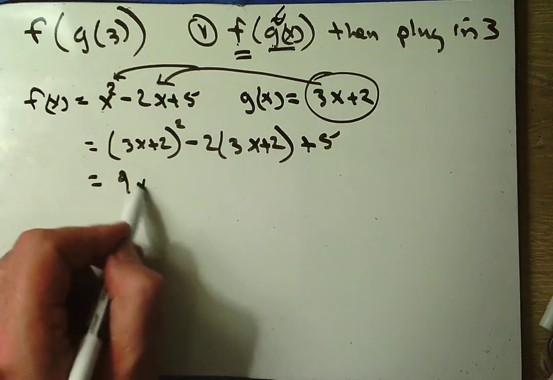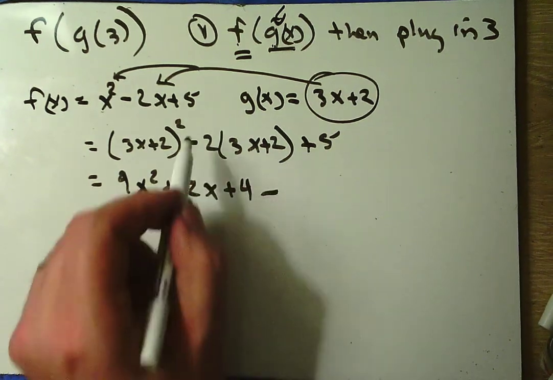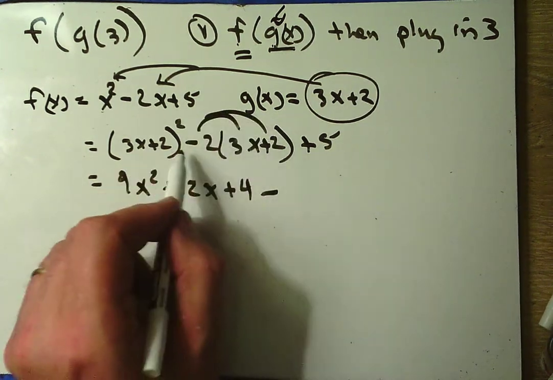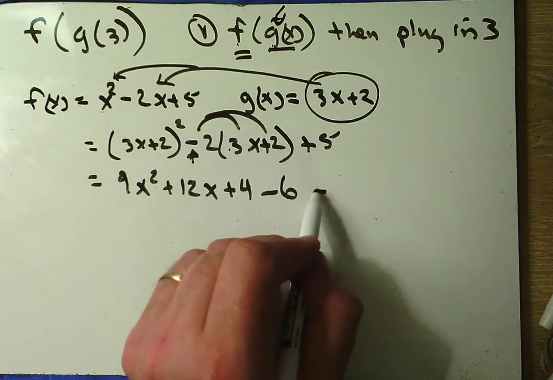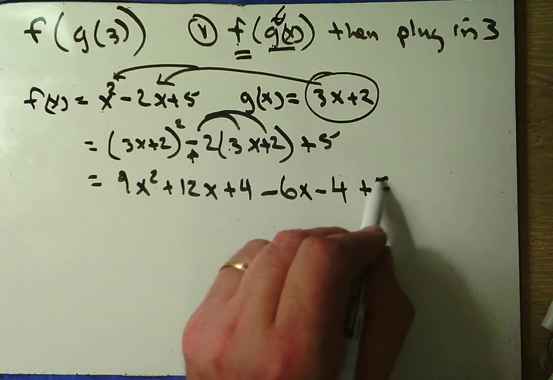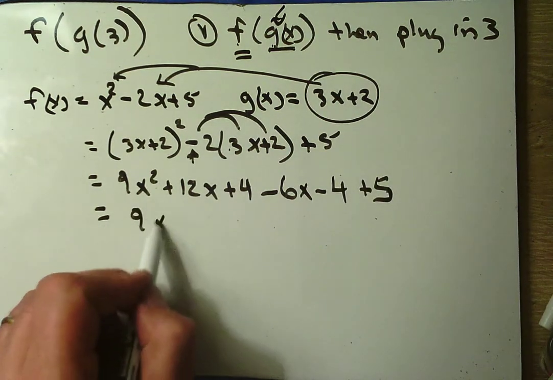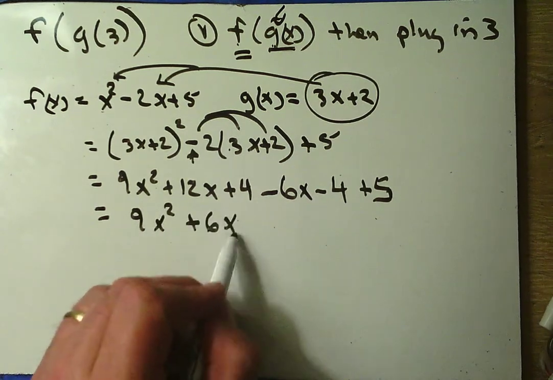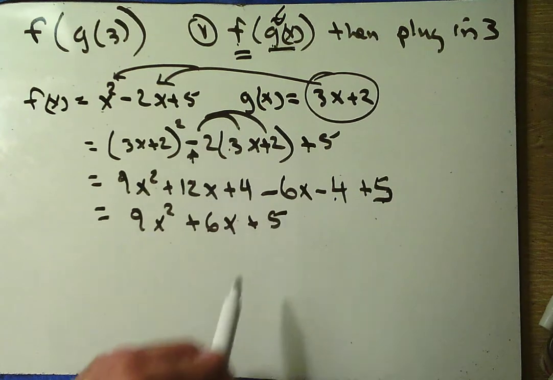Well, that gives me 9x squared plus 12x plus 4. Don't forget to distribute that negative. So we get minus 6x minus 4, and then there's that plus 5. Now when I combine like terms, I'm going to have 9x squared plus 6x plus 4 minus 4 plus 5 is plus 5.